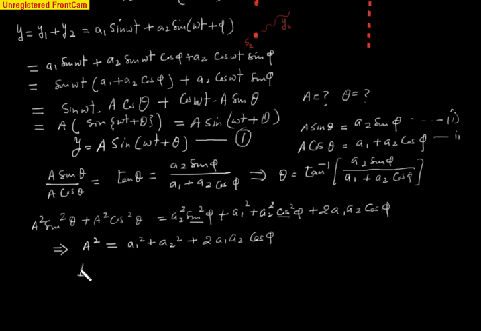But we know that the intensity of light at a point is given by the square of amplitude.